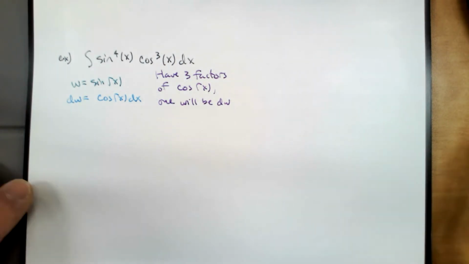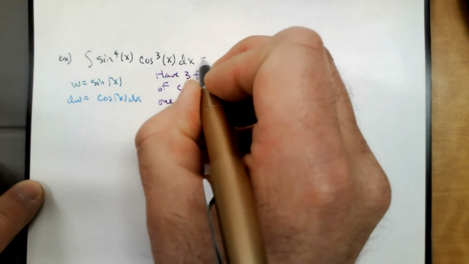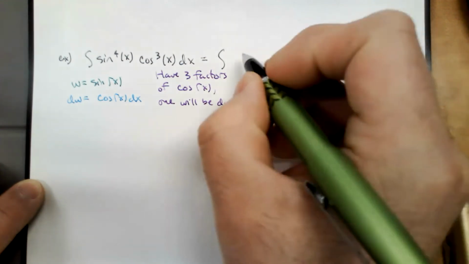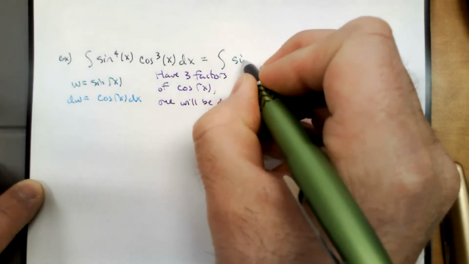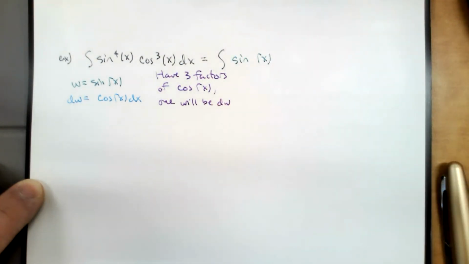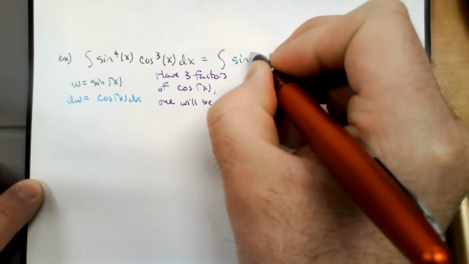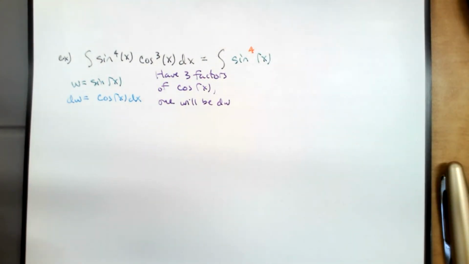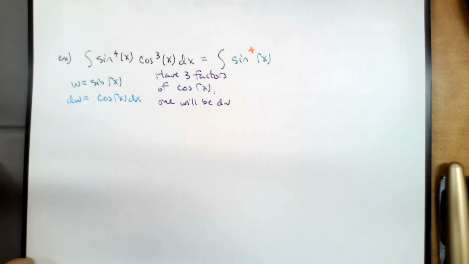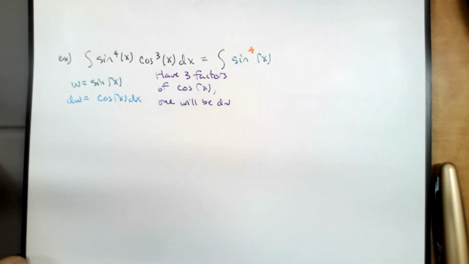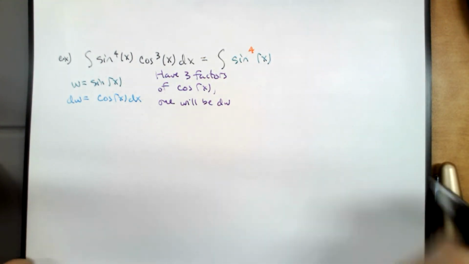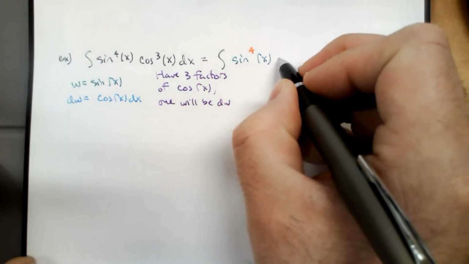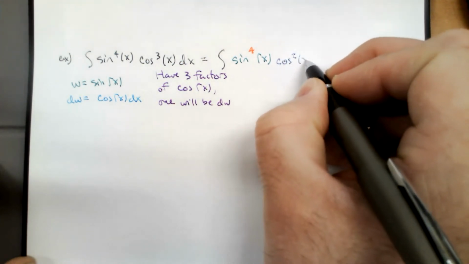So here's what we're looking at. Sine is what I'm substituting, so that's going to be a sine of x to the 4th power. One factor of cosine is going to be the dw, but I'll have 2 factors of cosine left over: cosine squared x.